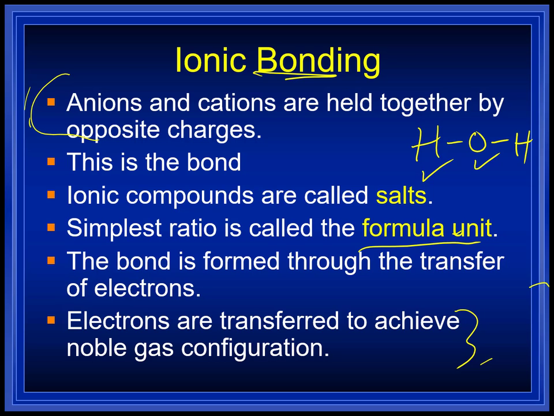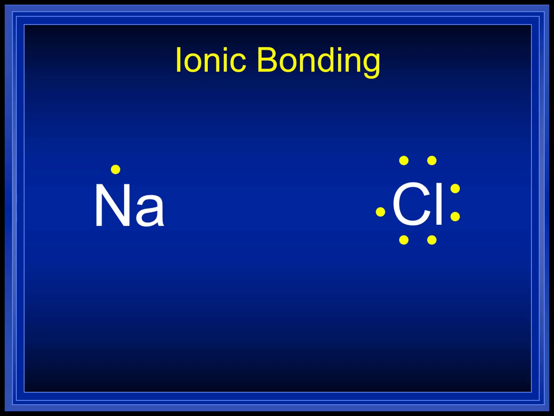So for salt, one of the easiest ones to explain: Na has 1 dot. Cl has 7 dots. Na is a metal. It's going to lose its one electron. Cl is a nonmetal. It's going to gain one electron.